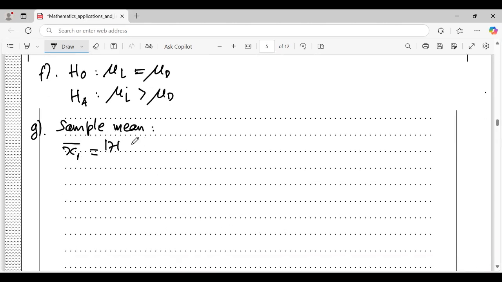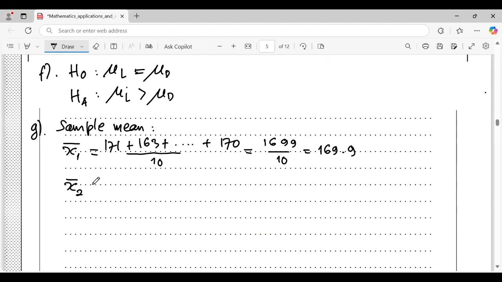So 171 plus 163 plus so on, 170, divided by 10, and it equals 1699 divided by 10, which is 169.9.